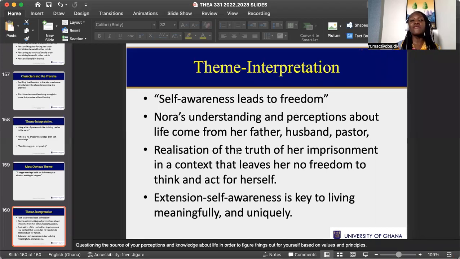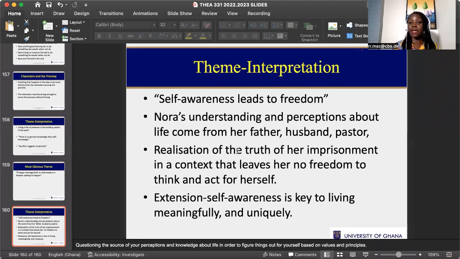Nobody cares about your reason for stealing. Nobody cares about your reason for committing other crimes. It is just that everybody has explanations for things, but the rule is don't do it. That's all. But here, Ibsen has used that to tell us something about the importance of questioning rules themselves, about the importance of figuring things out for ourselves. And so that is something we can really take away from this play.